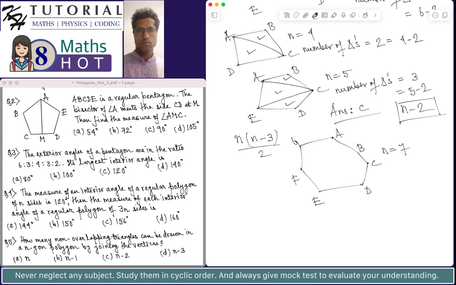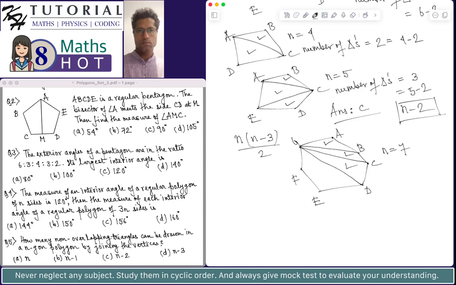So how many triangles can be formed by joining two vertices? I can join the vertices G and B and form a triangle, this one. I can join the vertices G and C and form another non-overlapping triangle, this. I can connect the vertices G and D and form another non-overlapping triangle, this.